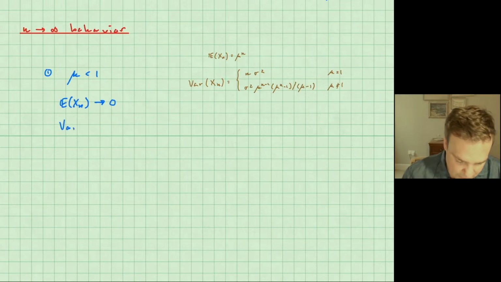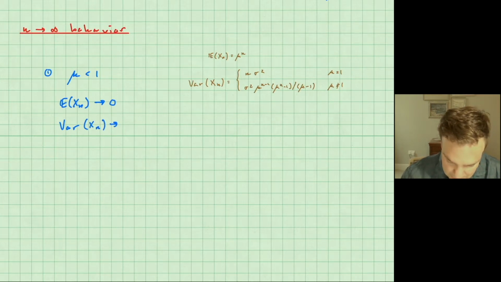And the variance, which is harder to see, but let's go look over here. So when you take the n goes to infinity limit here, and mu is smaller than 1, this thing goes to 0. So this term goes to 0 and will kind of annihilate everything.